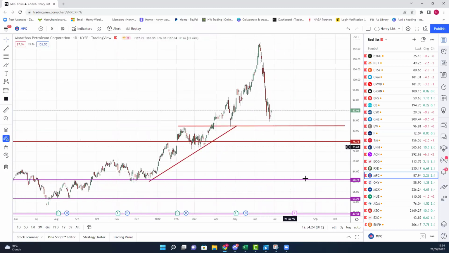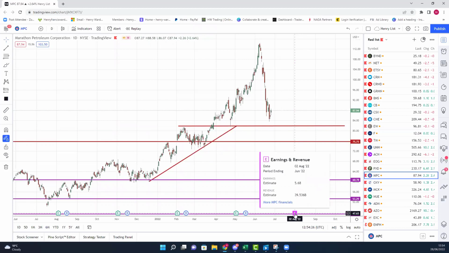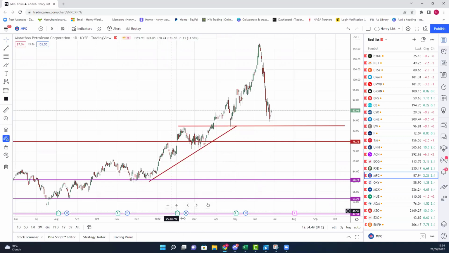Earnings is coming out on the 2nd of August. Do we think this is a good place to be buying? Looks pretty decent.